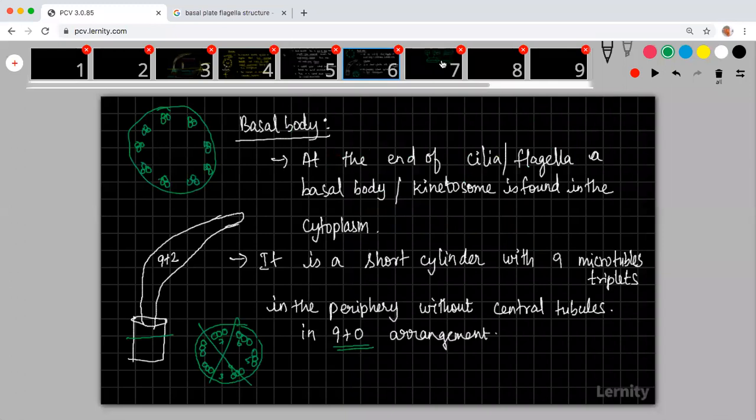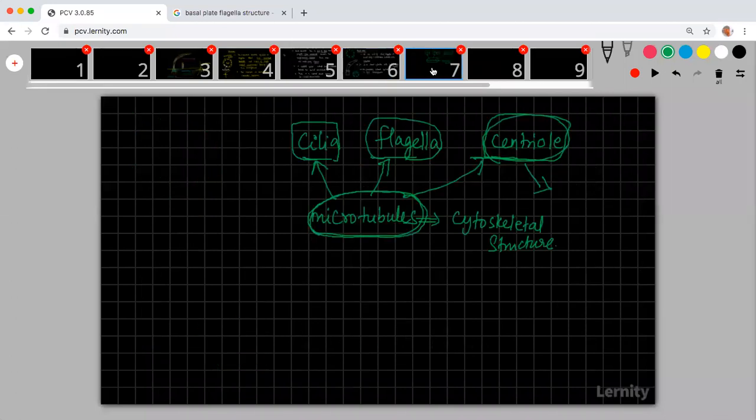And the fourth structure is your rootlet. The second structure is over, done. Now we'll try to study basal plate.